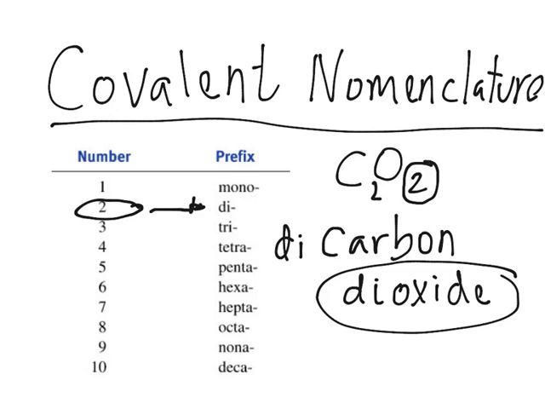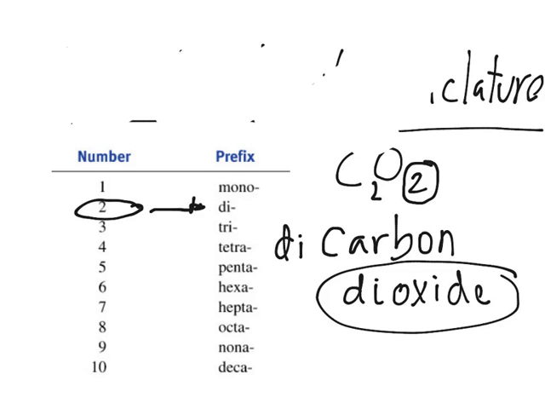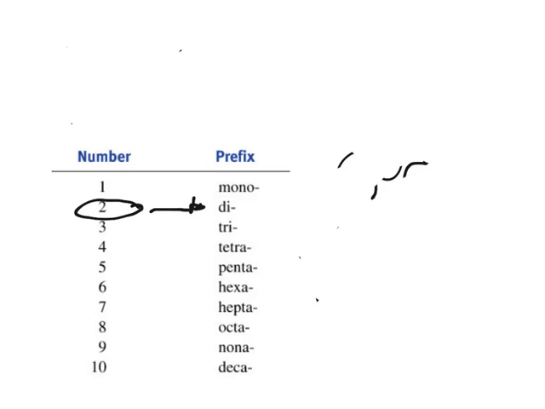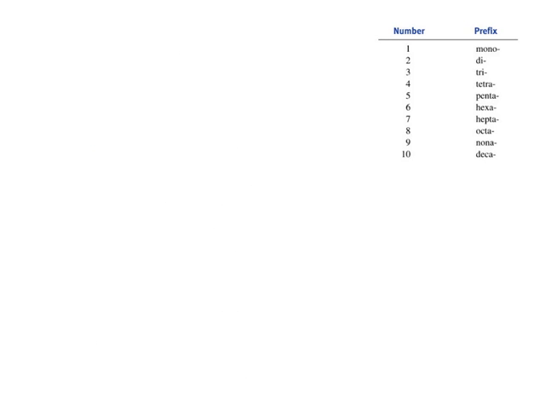So let's clear this to give another example. Now let's try one that has a prefix in both elements. So let's try Cl2O7.